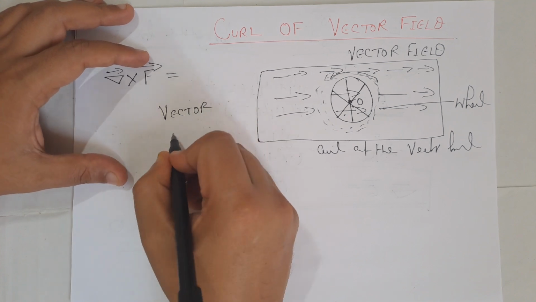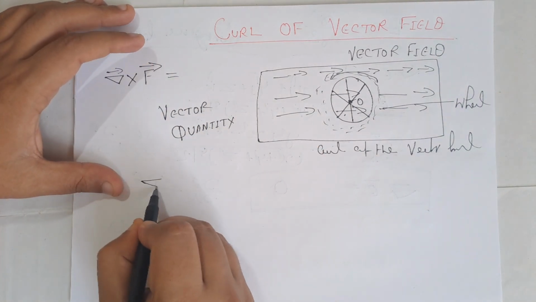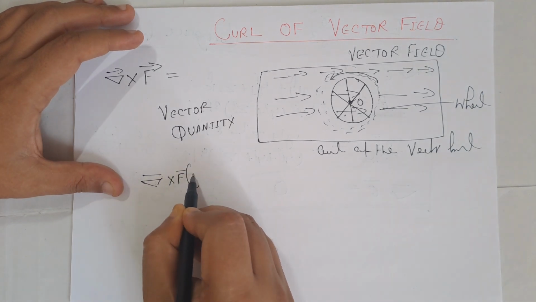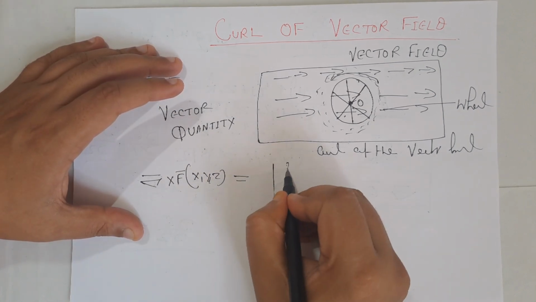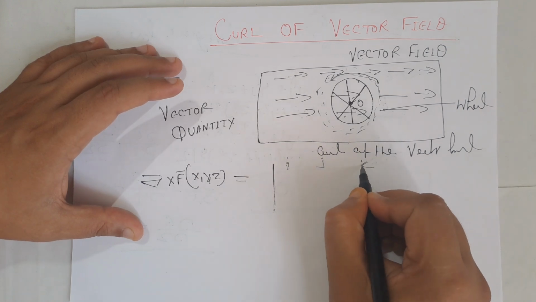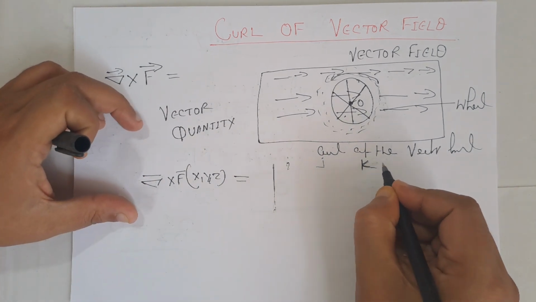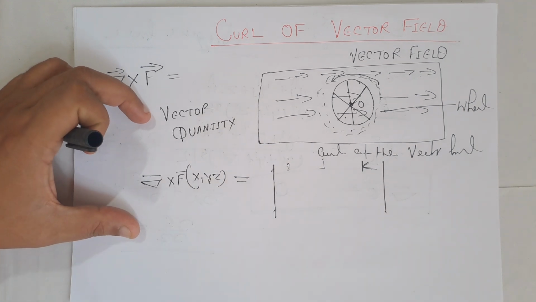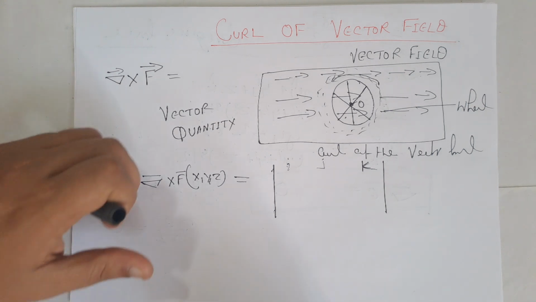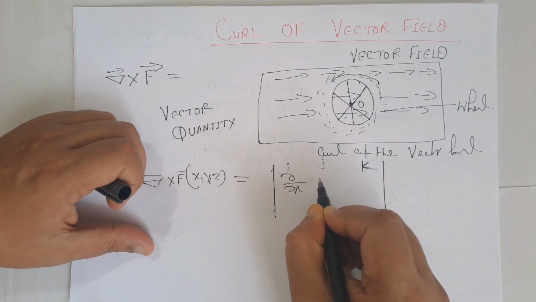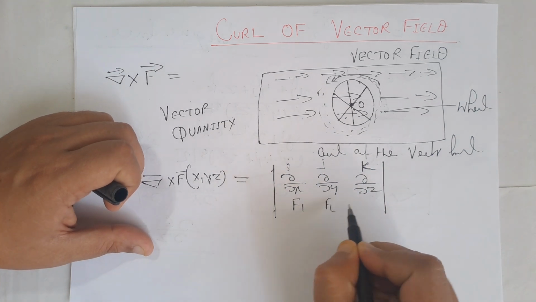This is the curl of the vector field, and it is a vector quantity. So curl of any vector field F(x, y, z) is equal to the determinant with rows i j k, del by del x, del by del y, del by del z, and f1, f2 and f3.